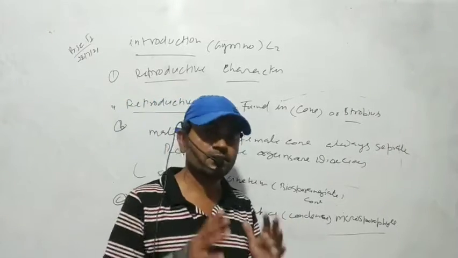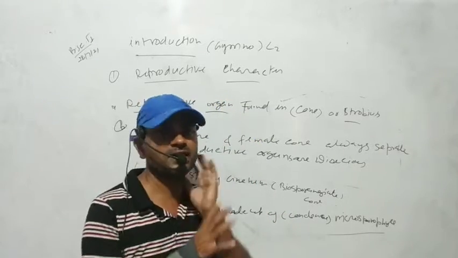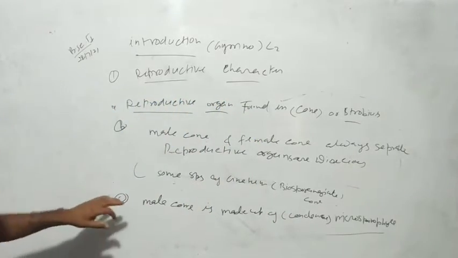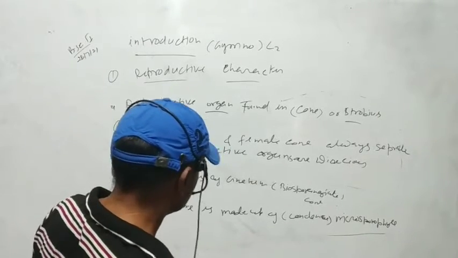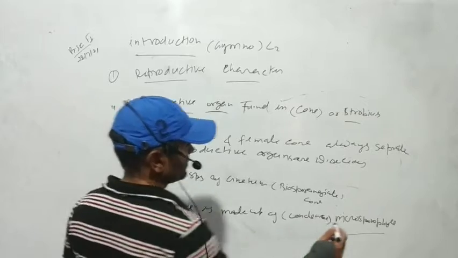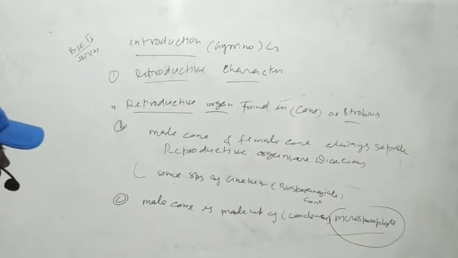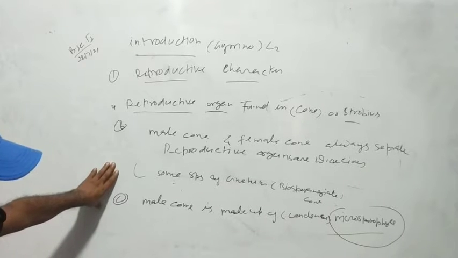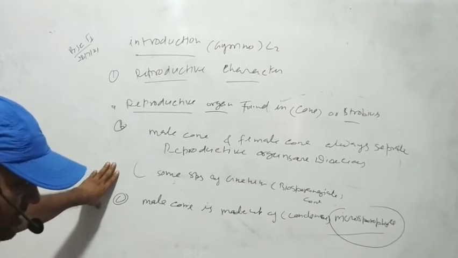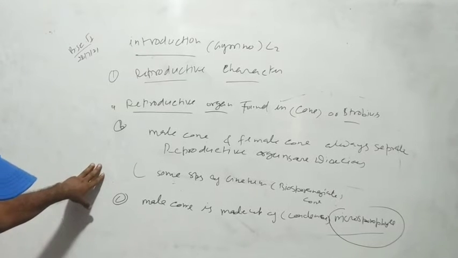When in a condensed, compact condition, that is known as the male cone. Male cone means so many microsporophylls get condensed, and at that time we can say the microsporophylls condensed and made a male cone.